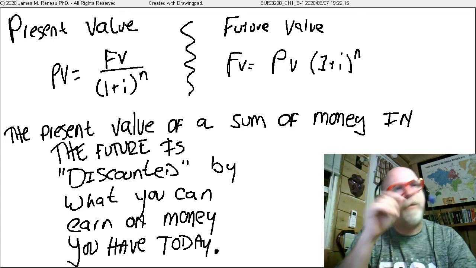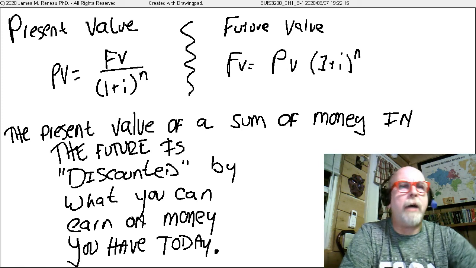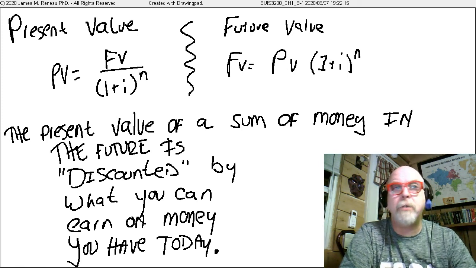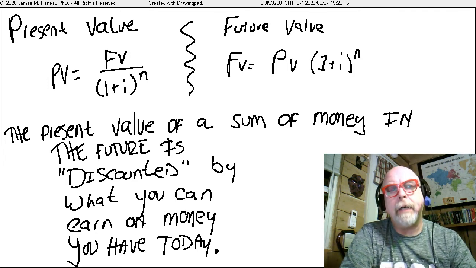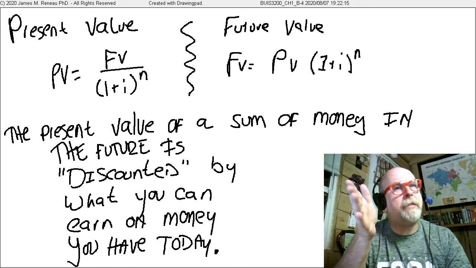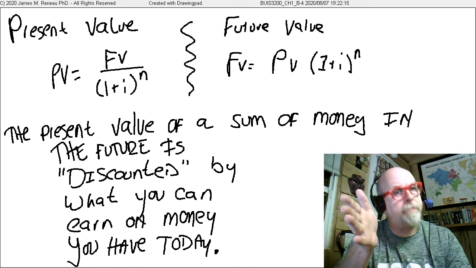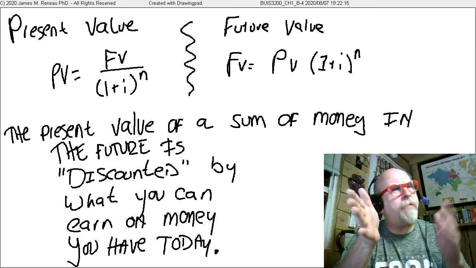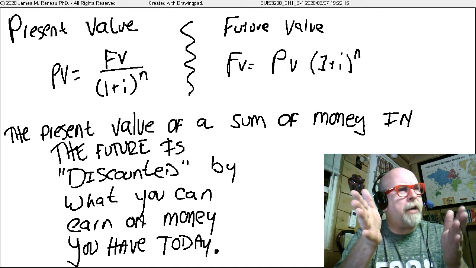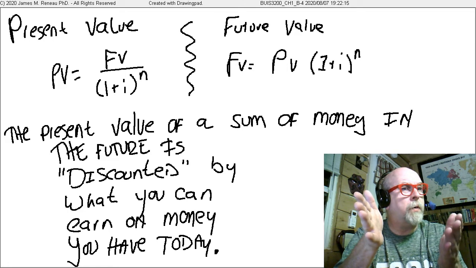This present value function is used throughout analyzing business situations, and analysts use this a lot, because what if we have two choices? I can buy a system today for this much, or I can put it off and spend this much in 2 years.